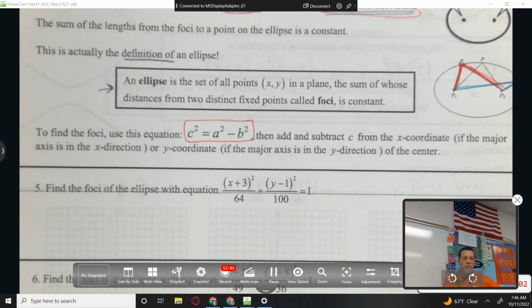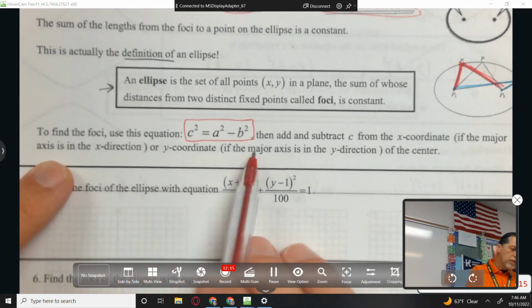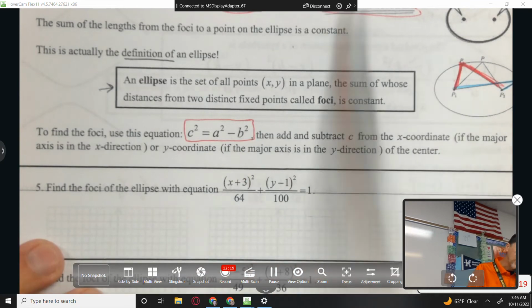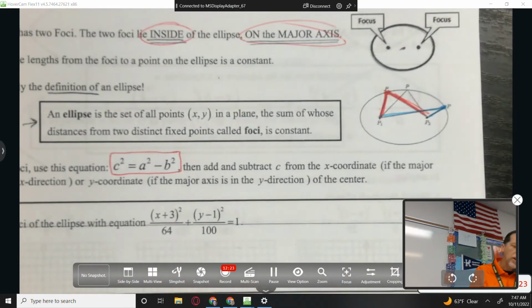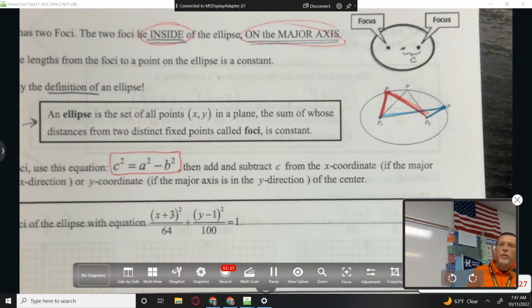So, be careful. For an ellipse, you use the minus. Hyperbola is different, but we'll worry about hyperbola when we get there. So once you find c, c is the distance. In fact, let's use that picture that's up there already. C is the distance from the center to the focus.